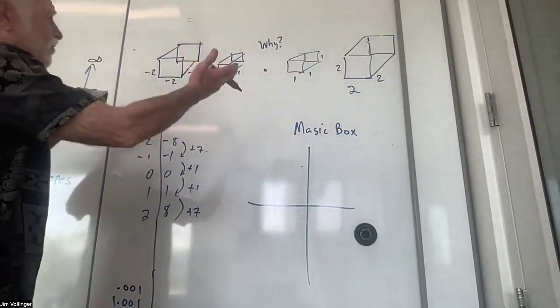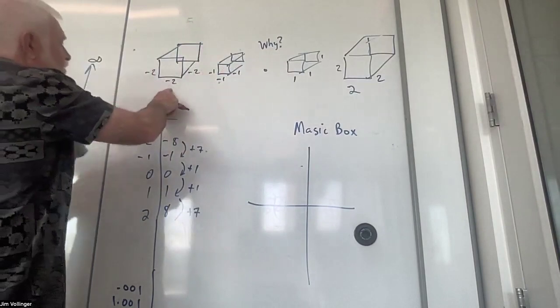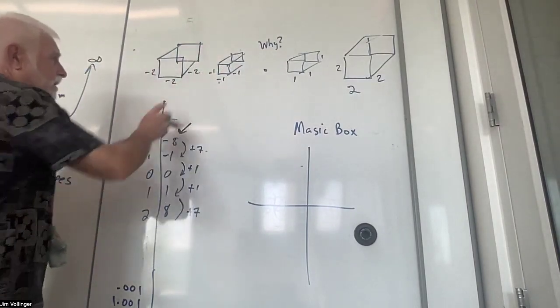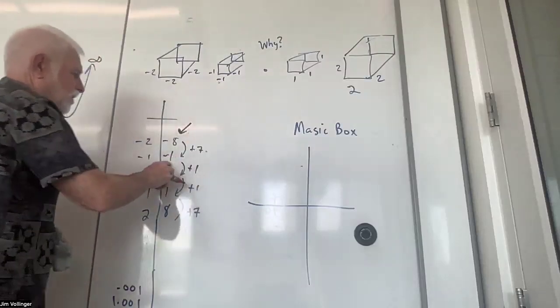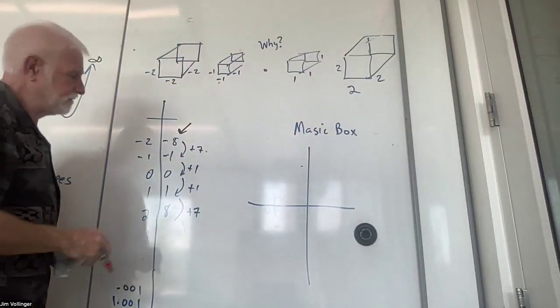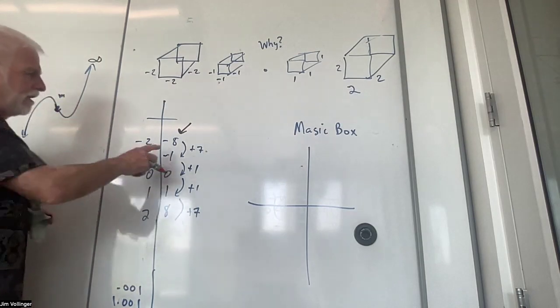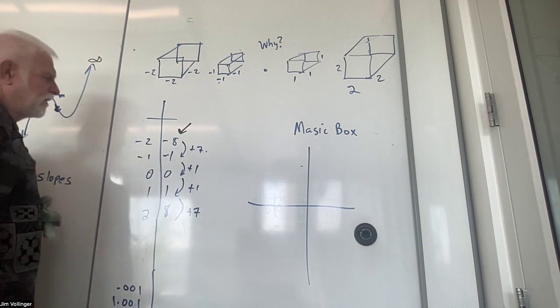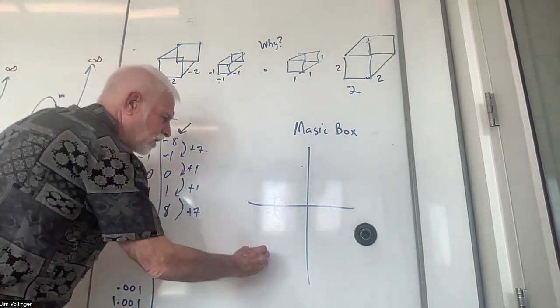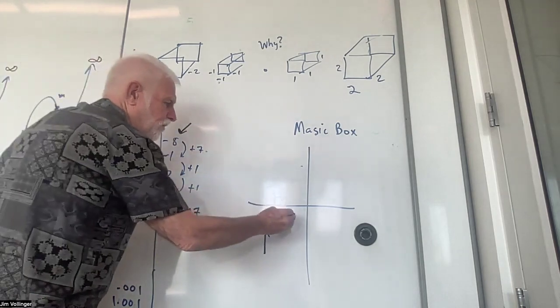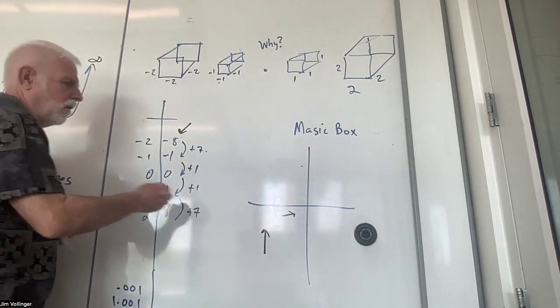Well, you've got to go back to geometry. You've got -2 times -2 times -2, which I've written in the table as -8. -1 times -1 times -1, -1. 0, 0, 1, 1, 2, 8. But if you look at the changes from -8 to -1, then you're going up at 7 to 1. And at -1, you're going up at 1 to 1. And at 0, you're flat.